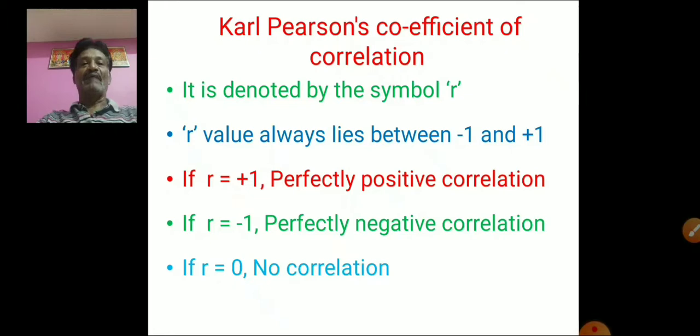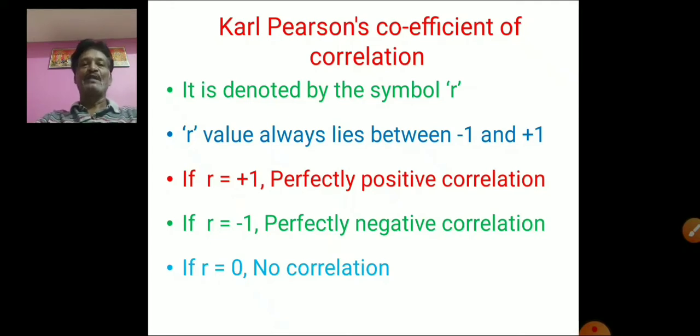If you get a value greater than plus 1 or less than minus 1, definitely you have made some mistake in your calculation. You can recheck the calculation. Suppose your r value is equal to 20.5, that means the answer is wrong. Here you have made some mistake in your calculation, so you can go through the calculation again. So the r value always lies between minus 1 and plus 1.